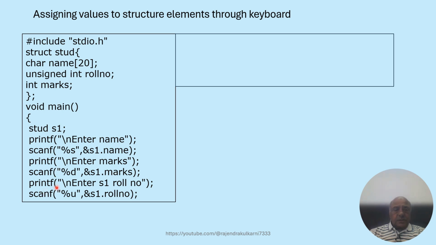Then we are asking the user to enter the roll number, and the roll number is assigned to the variable roll no, of type int, which is part of the structure stud, by this statement, ampersand s1 dot roll no.